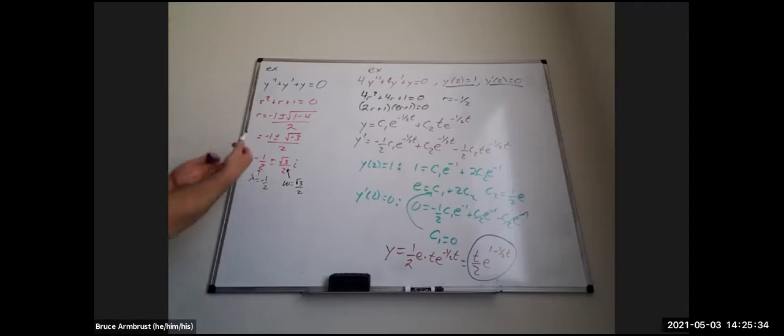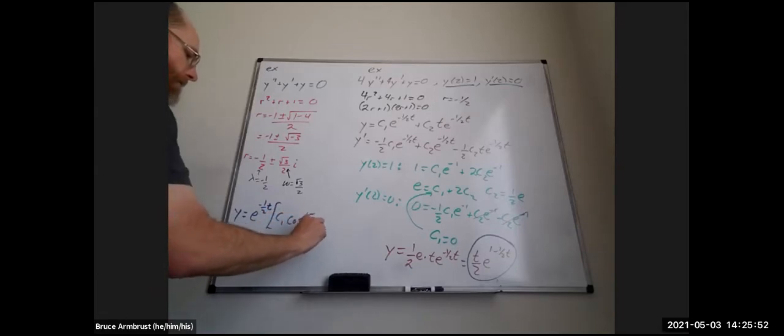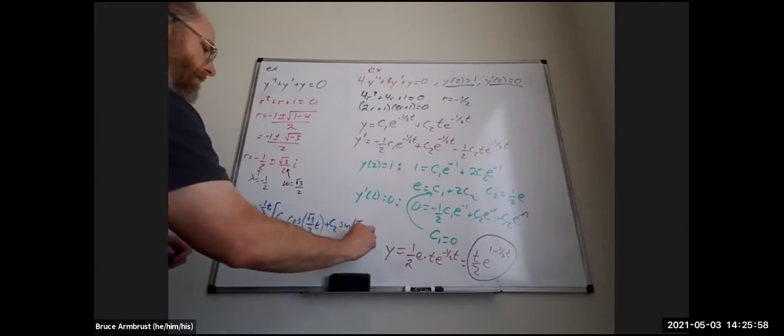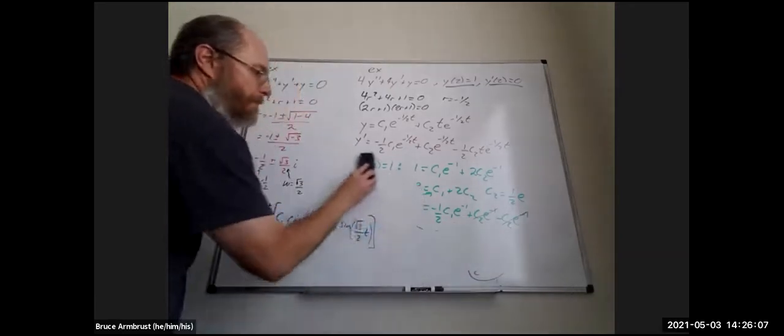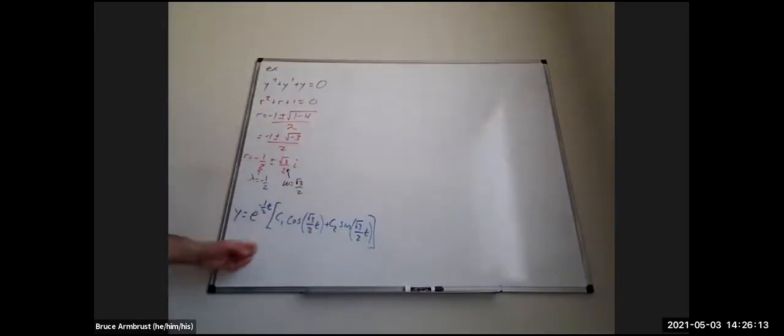So we can put that together to get our solution set of y equals e to the -1/2 t times c1 cosine of √3 over 2 t plus c2 sine of √3 over 2 t. And so there's the general solution to this differential equation.